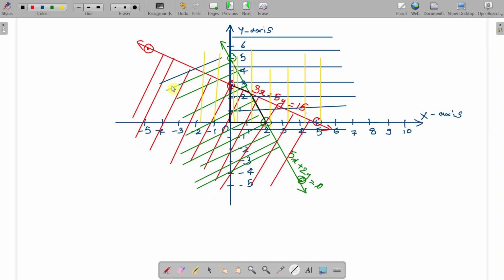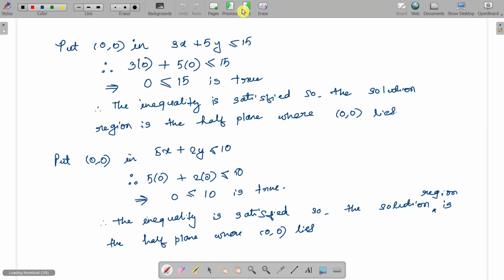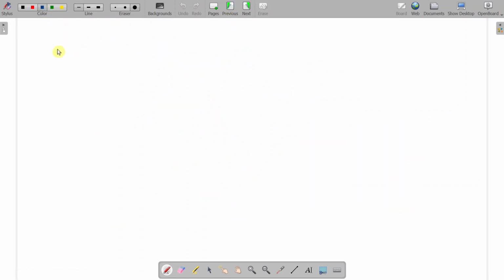So let us name these points. This is O, this is A, this is B, this is C, right? Now let us find the point B first.